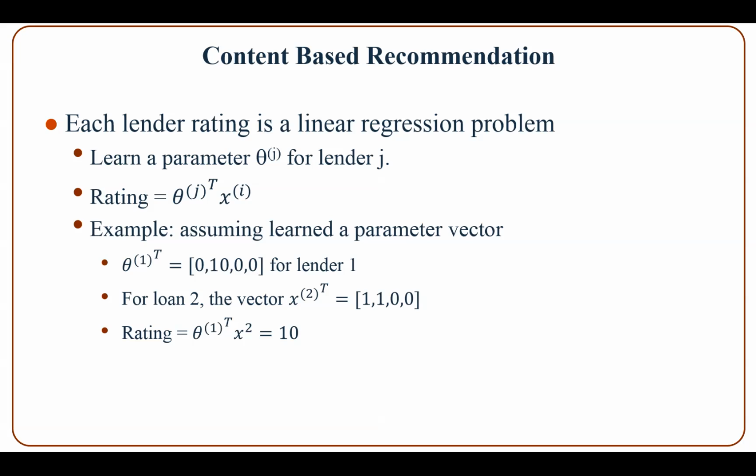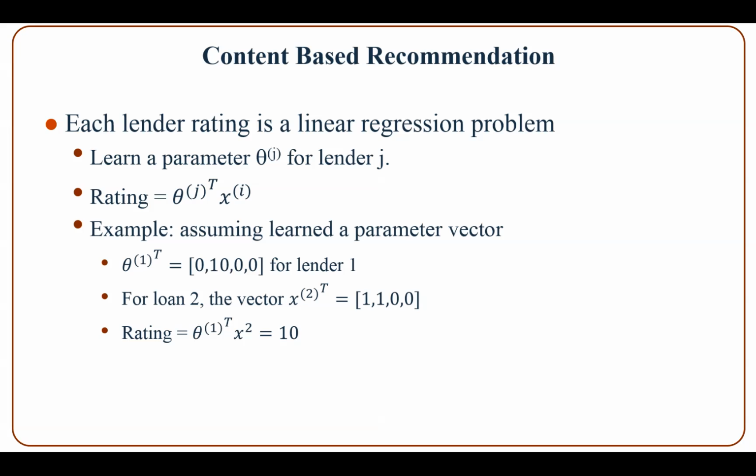Each lender rating is a linear regression problem. For lender j, we learn a parameter theta j, and the rating is theta j transpose times xi, and that is the rating of lender j to the loan i. So for example, assume that we learn a parameter vector theta 1 transpose, which is 0, 10, 0, 0 for the lender 1.